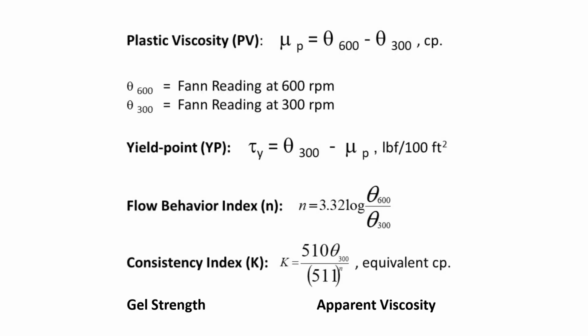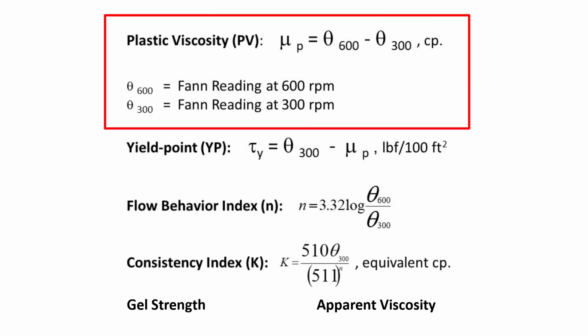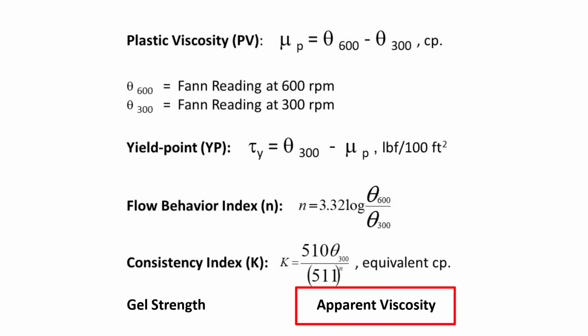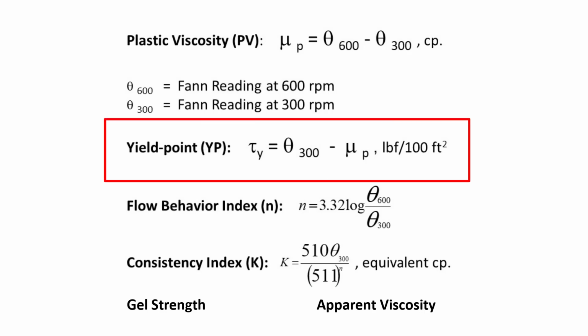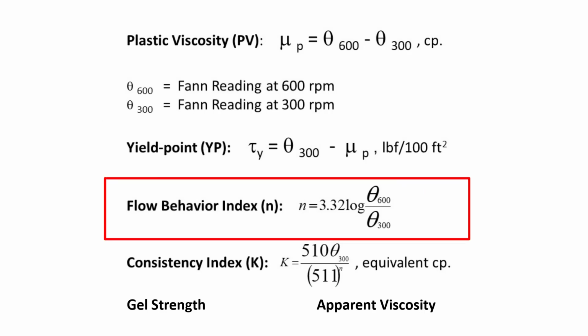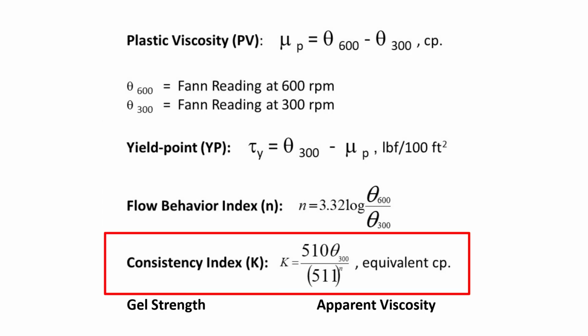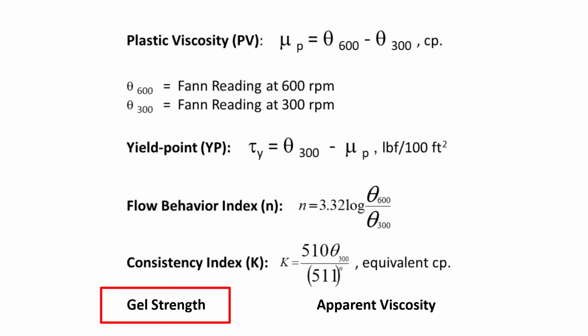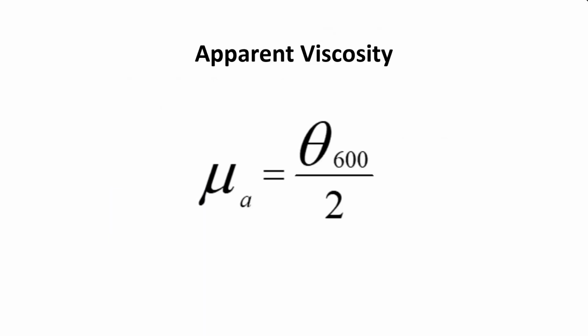The following parameters are calculated using viscometer readings: plastic viscosity, apparent viscosity, yield point, flow behavior index, consistency index, and gel strength. The apparent viscosity, defined as mu sub A, of drilling fluids and cement slurries is to be determined in accordance with API standards.